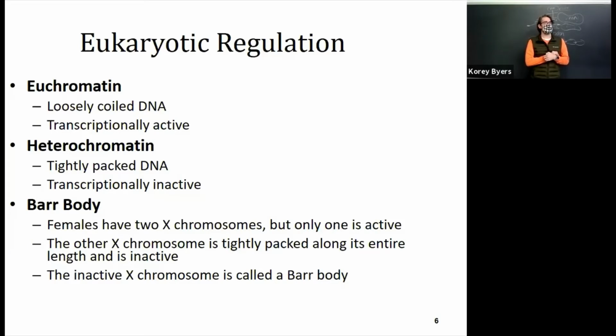All right, in my last couple of minutes, let's learn something really cool. It's my favorite topic of gene expression. If you have two X chromosomes, one is tightly coiled, one is euchromatin, one is not. It's heterochromatin. This tightly coiled X chromosome is called a Barr body, B-A-R-R, named after the person who found it.